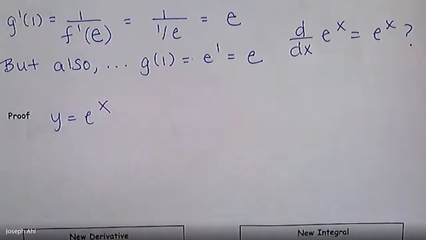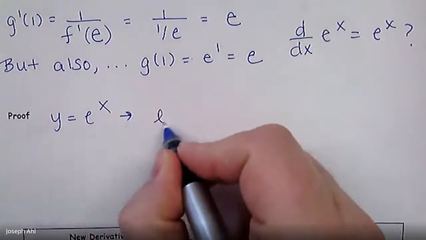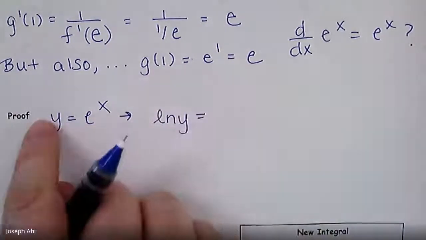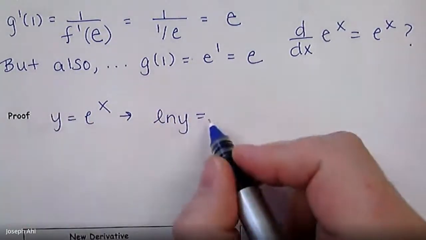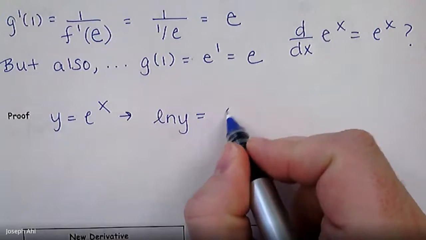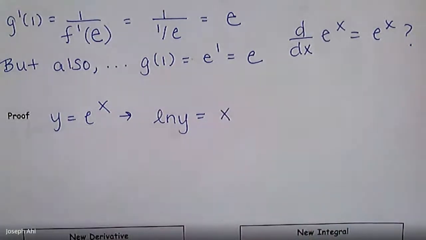Start with y equals e to the x. If I want to find dy/dx, let's use some logarithmic differentiation. Take the ln of both sides. ln of y would equal ln of e to the x, and ln of e to the x is x, isn't it? Those inverse functions undo one another.